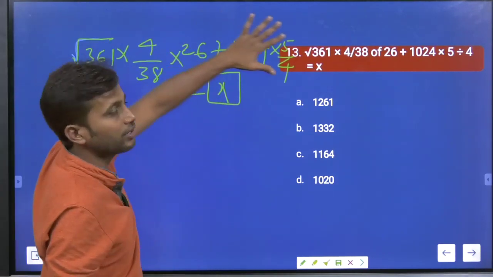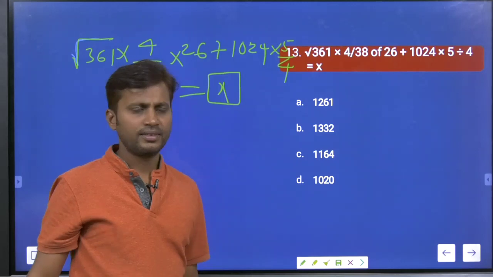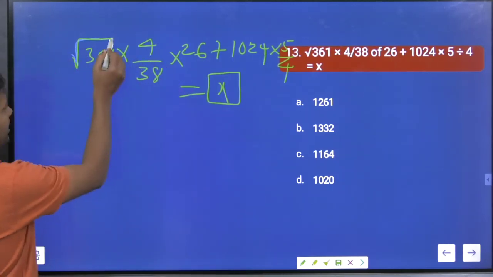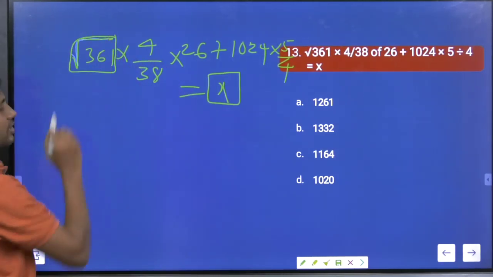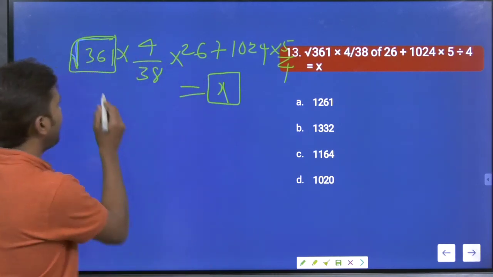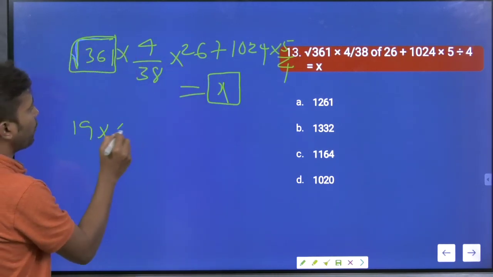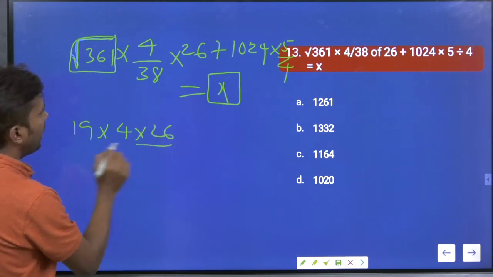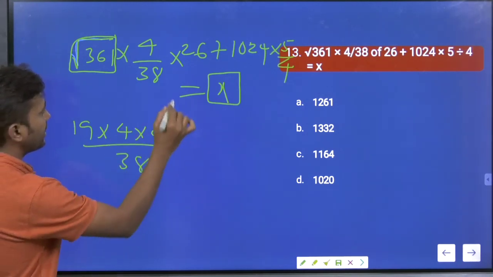That means we need to find this left hand side part. So simplify this. Tell me, what is the square root of 361? It is 19 squared, so we can write 19 here. So 19 into 4 into 26 upon 38. This is the whole of this part.